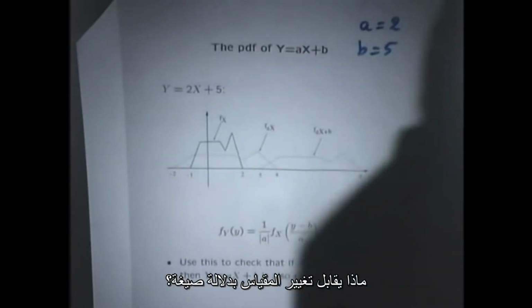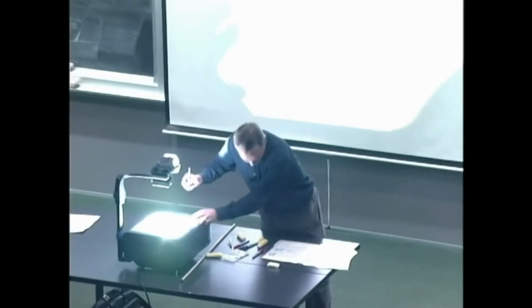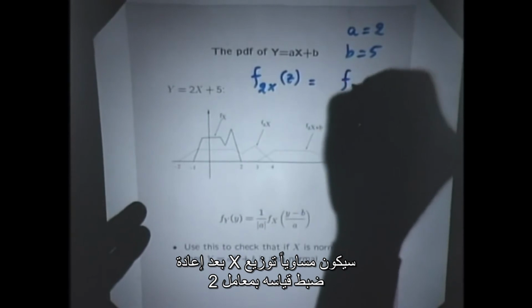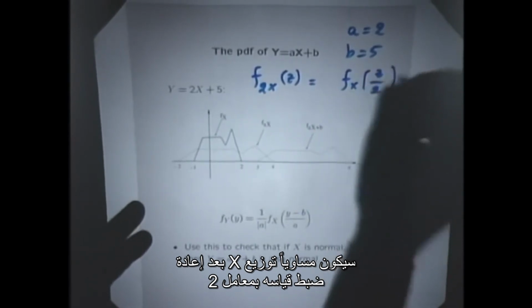So what does scaling correspond to in terms of a formula? So the distribution of 2x as a function, let's say, of a generic argument z, is going to be the distribution of x, but scaled by a factor of 2.